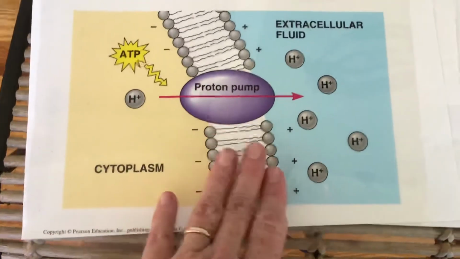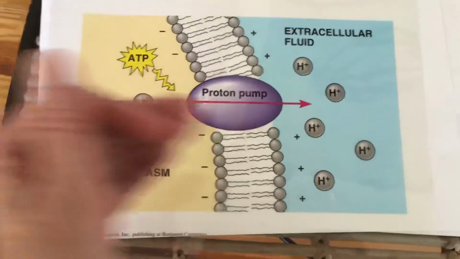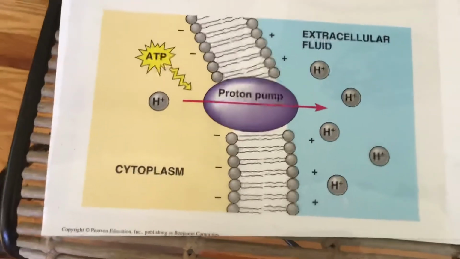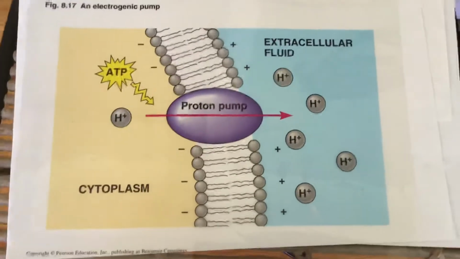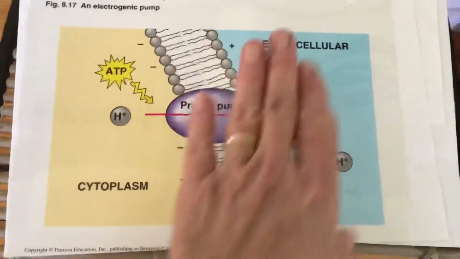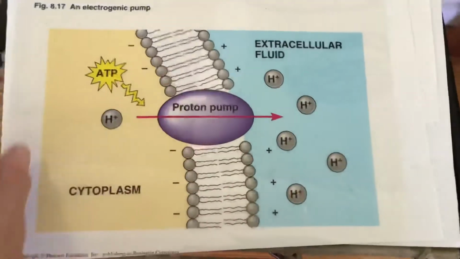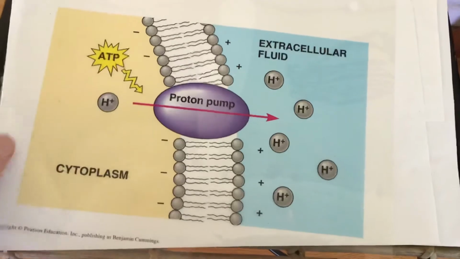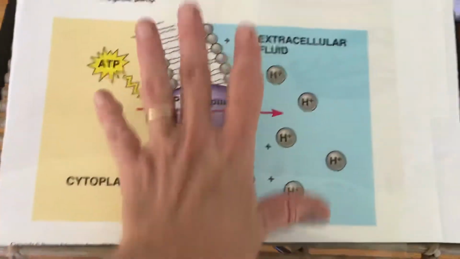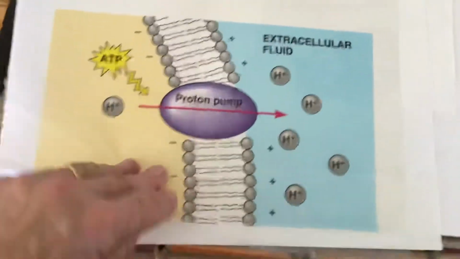Electrons, which are charged particles, flowing through the wire of the plug in your house that you plug your lamp into, that turns your light on. That's just the flow of a charged particle. In this case, it's a different charge, but it's still a charged particle, and if I were to flow that through a central point, I could make some energy. So I'm creating electrical potential, or an electrogenic pump.